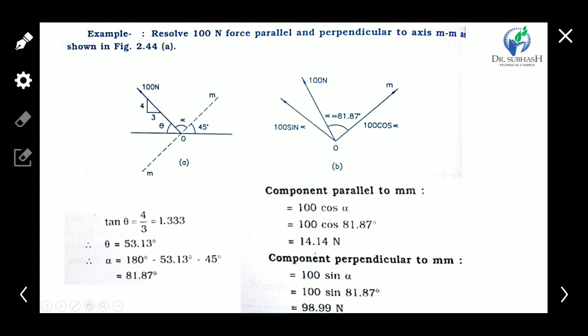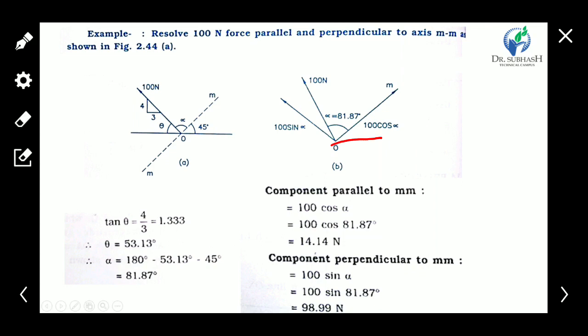Not perfectly along the x-axis and y-axis, but we have to resolve this force along the given mm axis. The axis angle is not given as such, so here 45 degrees is the given axis.